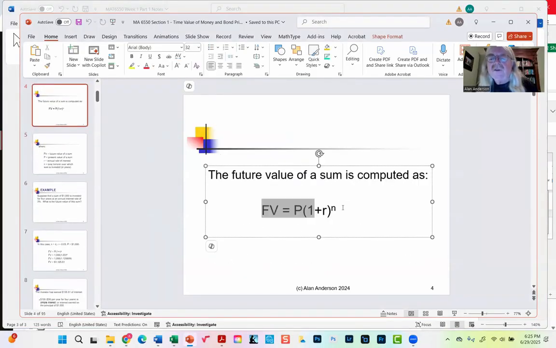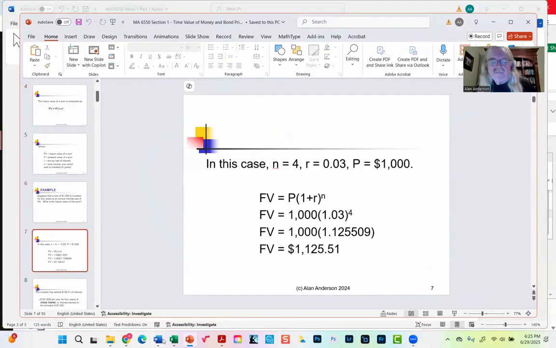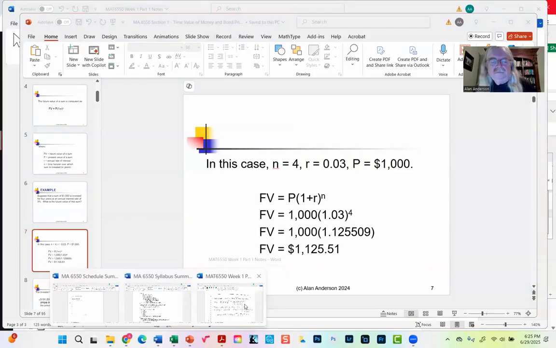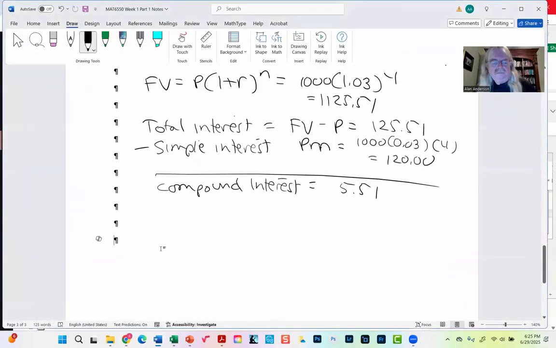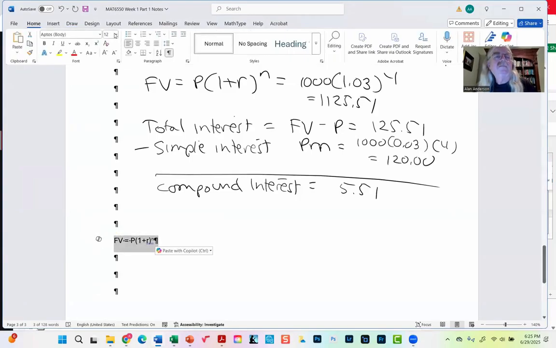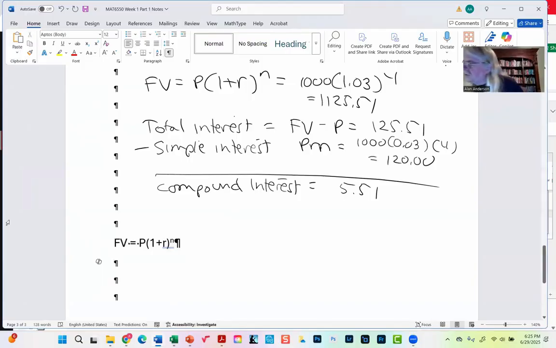We're going to invert this formula and solve for P. All right, make this just a little bit bigger. So if you rearrange this algebraically, this implies that P equals FV over 1 plus R to the n power.